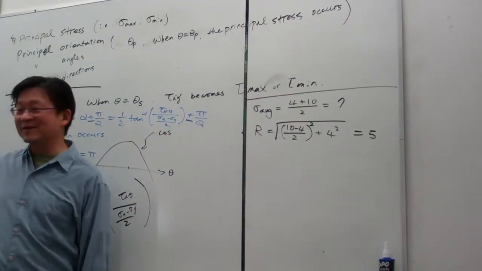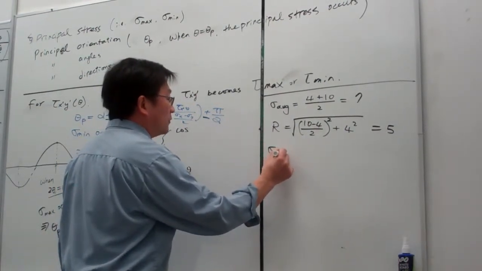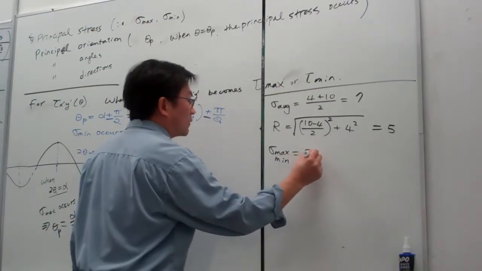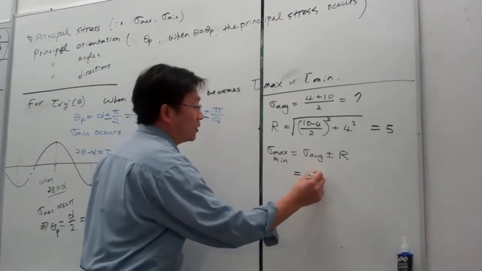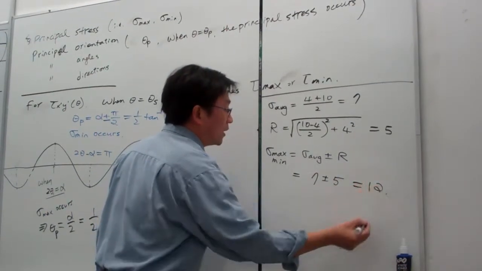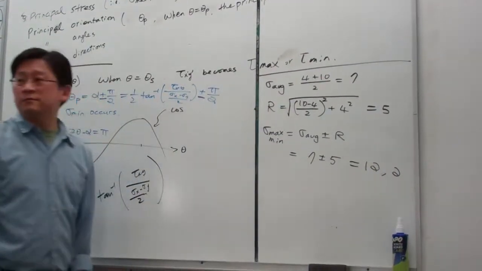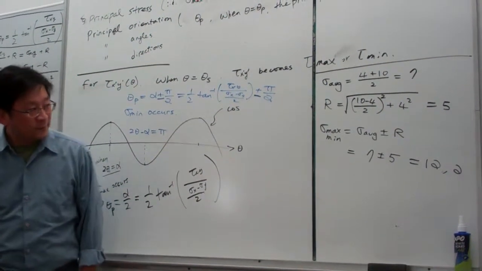So I've changed that there, okay? So in this way, the maximum value and minimum will equal the average plus or minus R. So that will be 7 plus or minus 5, and that will be 12 and 2, two values. Okay? Yes.